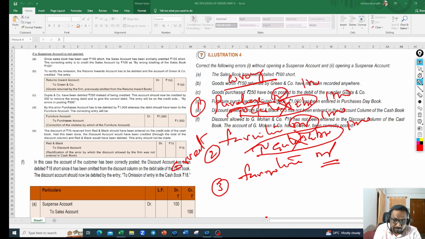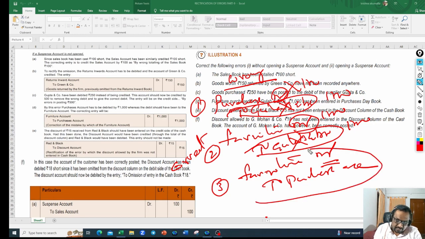Purchase account. This debit should not be there, so I need to credit it to rectify. So furniture account debit to purchase account is the rectification entry.